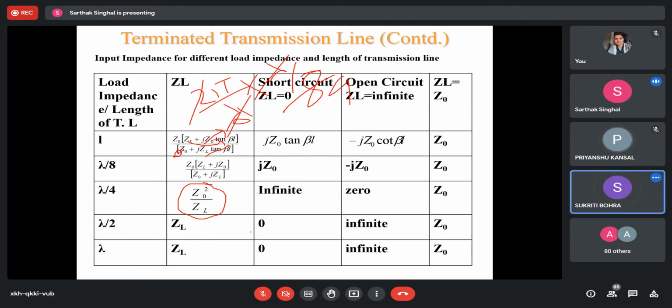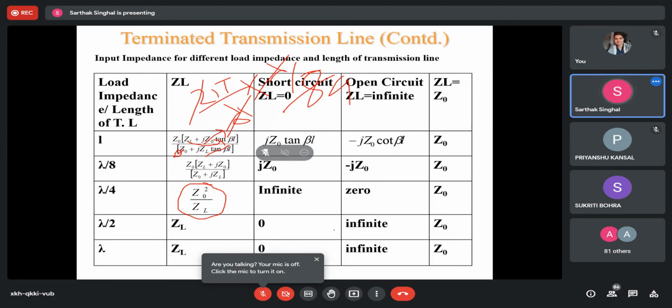So the load impedance will be directly transferred to the input impedance terminal if the length of the transmission line is either half wavelength or complete wavelength, that is lambda, right?